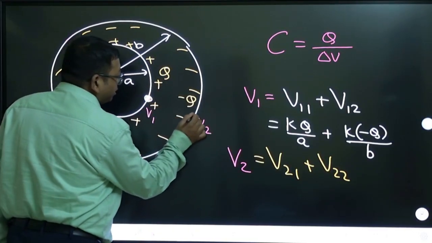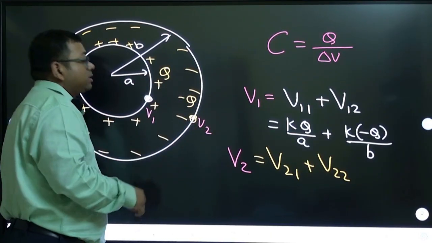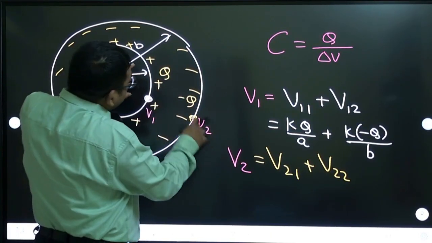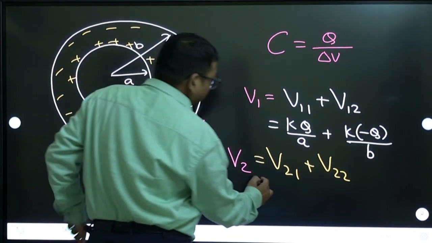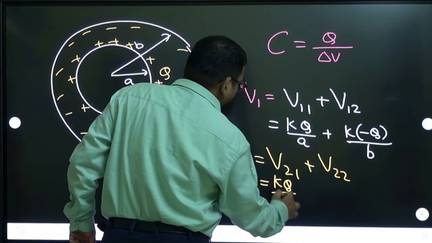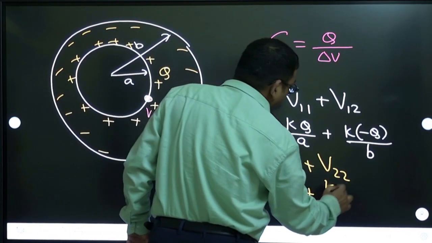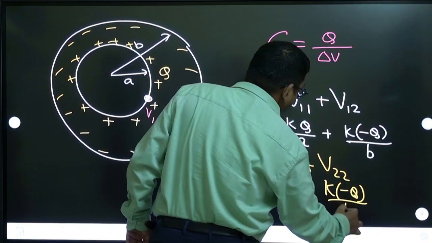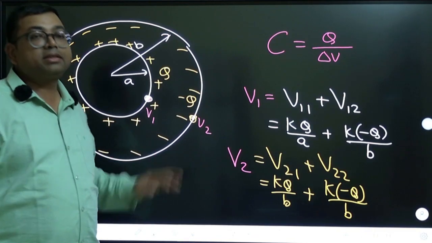At this point, the inner sphere will create potential and this surface will also create potential. This point is outside, so the inner sphere behaves like a point charge: kq by b, plus, due to its own charge, k times minus q by its own radius. That's all we have got. Did you understand this V1 and V2?